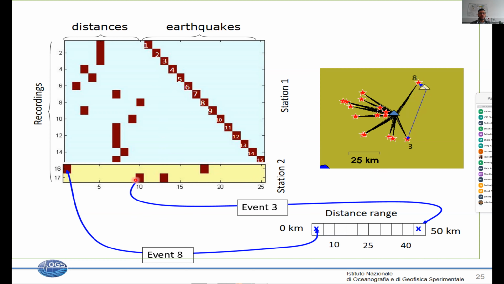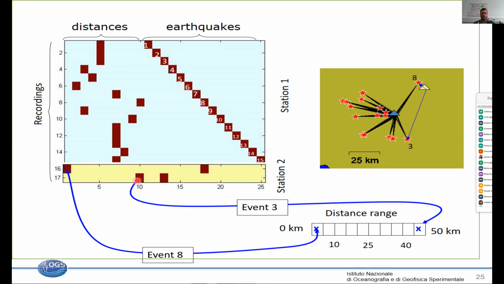Therefore, this will be the column for the distance range 46 kilometers, because it is between 45 and 50 kilometers. So it's a sort of game where you fill your matrix depending on the combination of the number of earthquakes and the value of the distance.